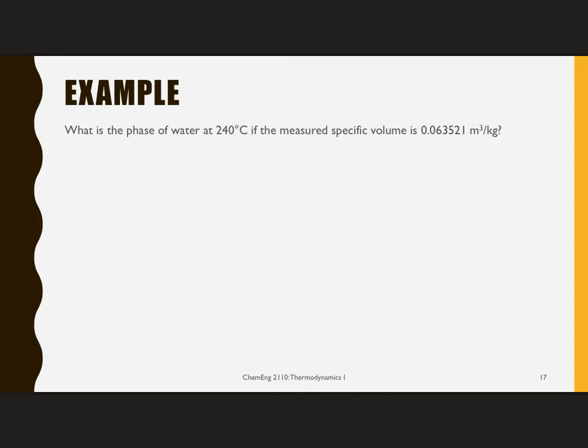So a similar problem. Now I want to know the phase of the water at 240 degrees C when the measured specific volume is 0.063521. Now, we just looked up all of this information. In this case, again, the values are on the curve, the TV diagram.